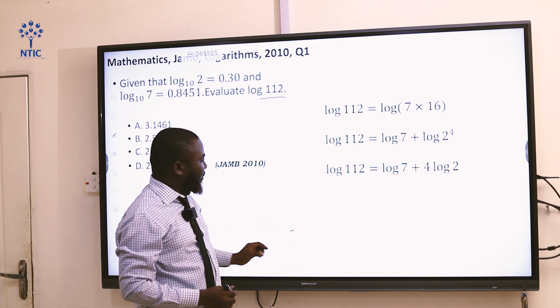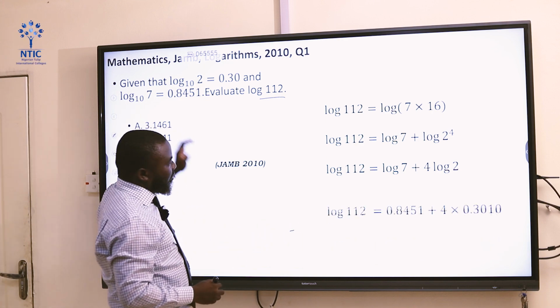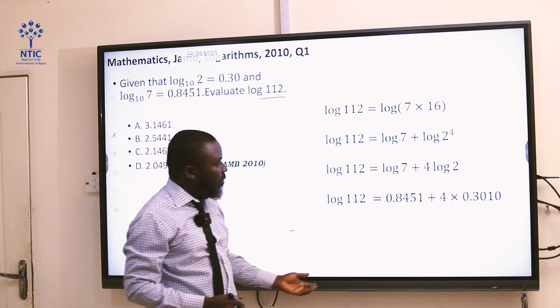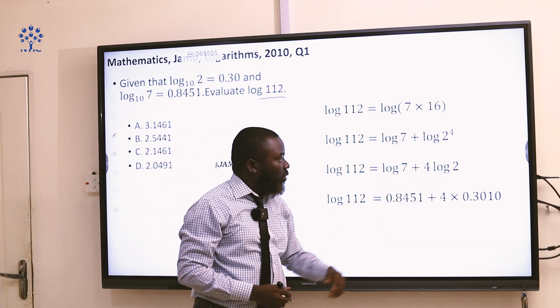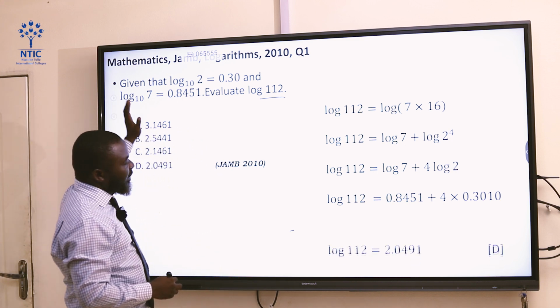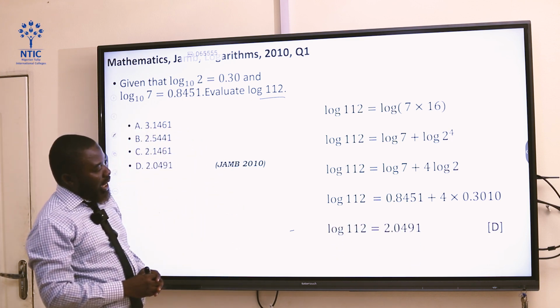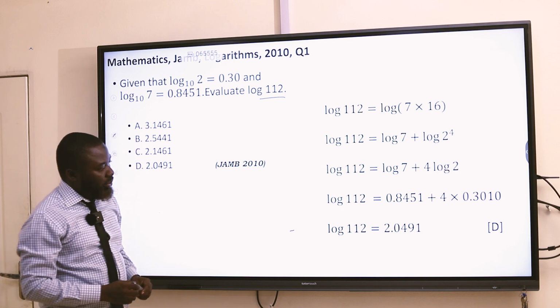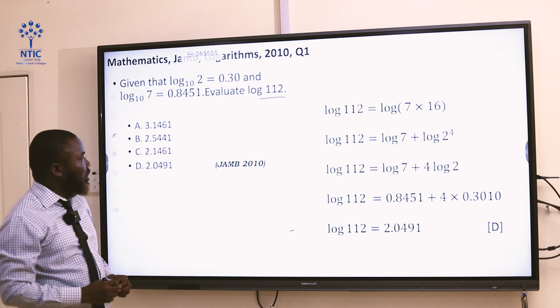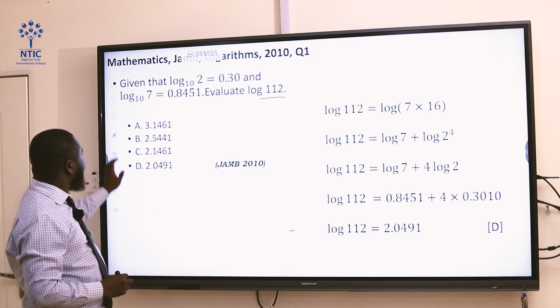So at this point, we can now substitute the values 0.3 and 0.84 for log 2 and log 7, which will give us this. And then by the time you add and multiply, you're going to have log 112 as 2.0491, which is option D.